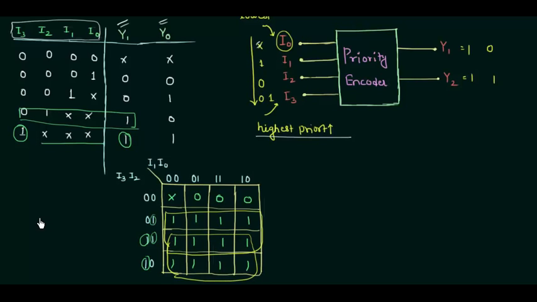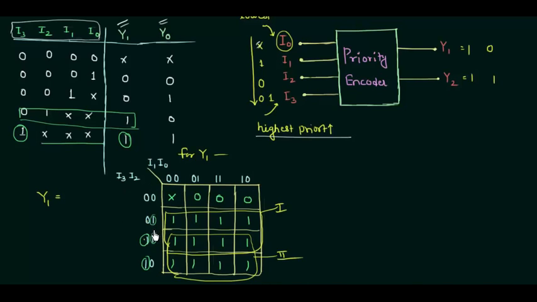Fine, let's write the minimized function. This is for Y1. So Y1 is equal to what? Let's see for this first group of ones, and this is our second group of 1. So for the first group of 1 we are having simply I2, because I1 and I0 are changing from 0 to 1 and I3 is also changing from 0 to 1.